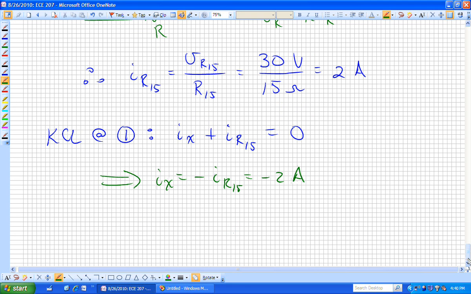And if I now do KCL at node 2, I have my source current I sub S going in. I have I sub X from the right going in to node 2. And I have going out down vertically minus I sub X over 2. Those three currents algebraically need to sum to 0.